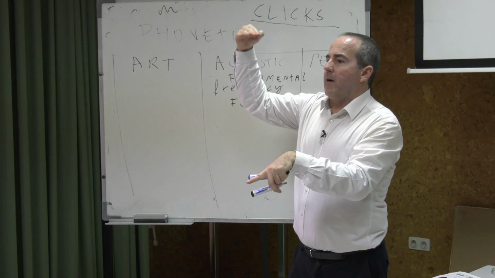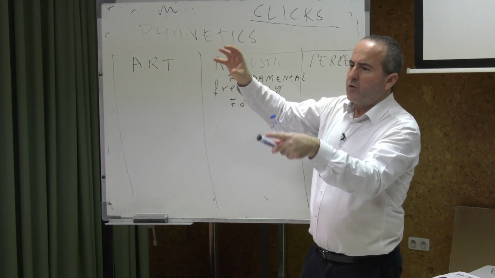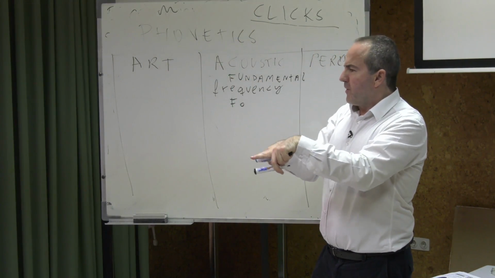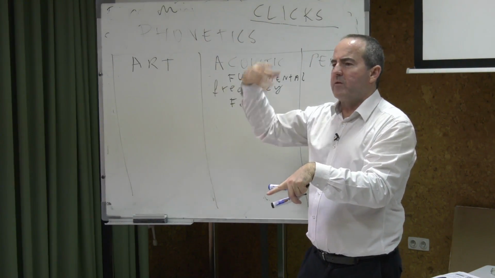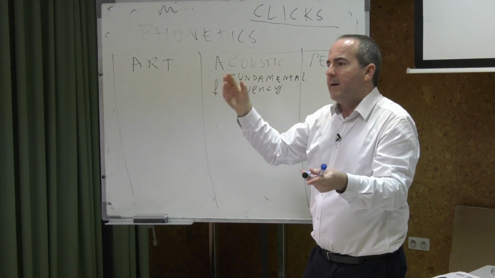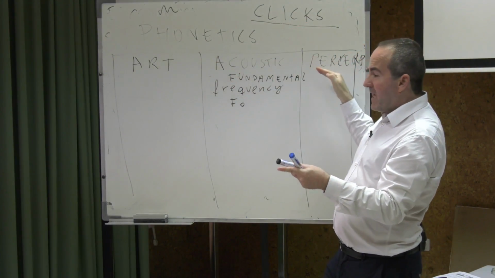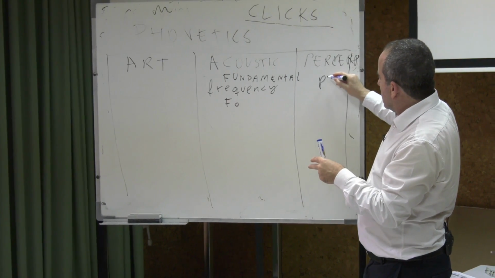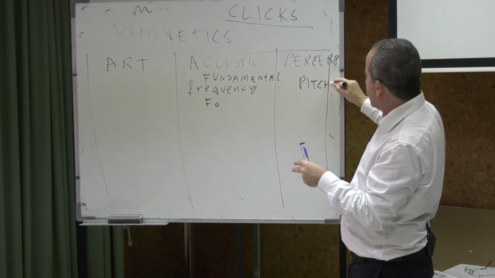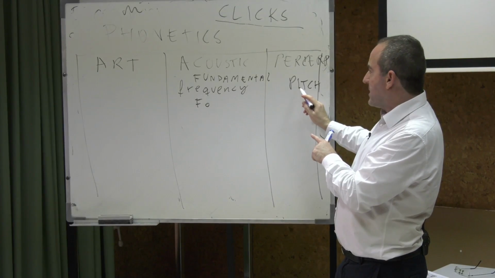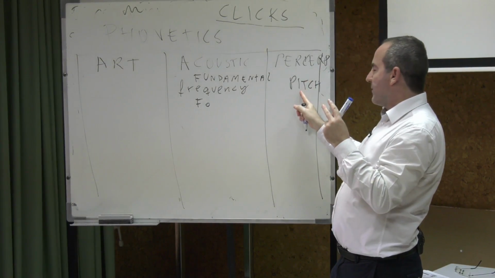Also, if you are a woman, you are usually smaller than a man, so the vibration is going to be faster. That's why the voice of a woman sounds of higher pitch, because this is how we perceive it. We perceive it as pitch, okay, which is how we perceive this frequency.